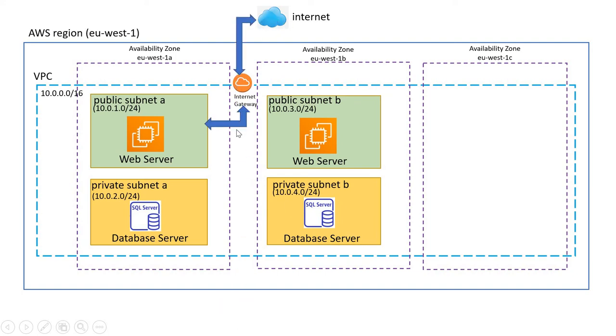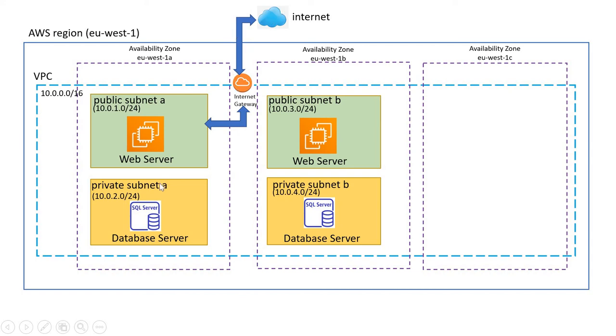If someone wants to access our website which is hosted on this web server, that request will go through the Internet Gateway to our web server. And similarly, the web server can access the internet through the Internet Gateway component.